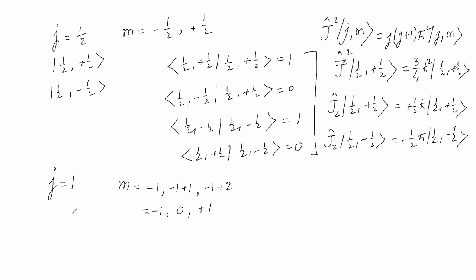J equal to 1 may correspond to two possibilities. Either I am talking about orbital angular momentum L equal to 1 state and S equal to 0 state, or I am talking about two spin half states whose combination is giving us J equal to 1.